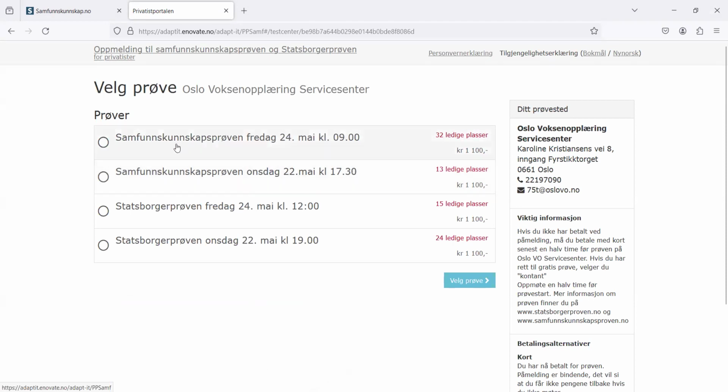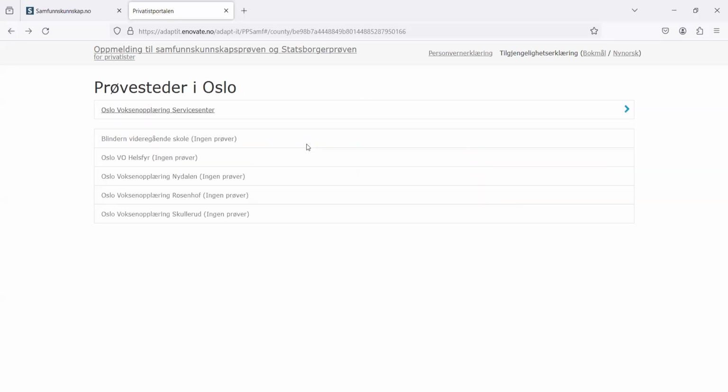Here you can choose which one you want to apply for, Samfunnskunnskapsprøven, for example, for permanent residency and citizenship. It all depends on the municipality where you are living, or commune. You can contact your commune and municipality regarding the exam also. If seats are not available, they will give you options.